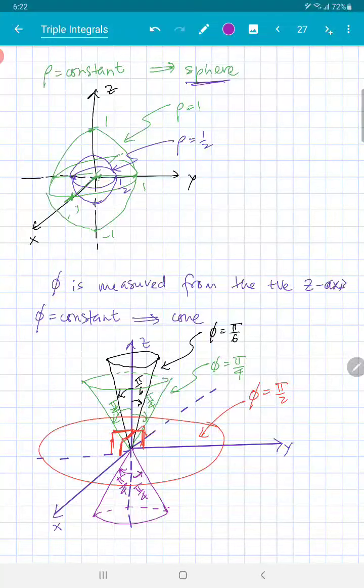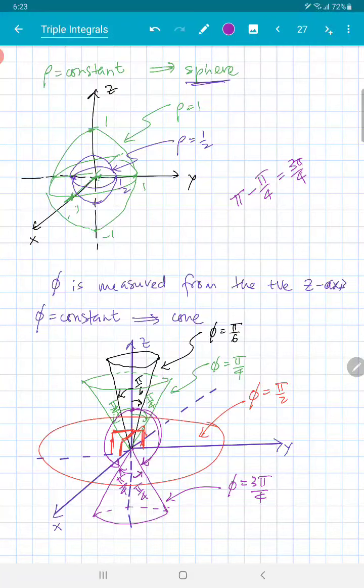But you measure phi from the positive z-axis. So from the positive z-axis to this cone, that is really pi minus pi over 4, which is 3 pi over 4. So this cone is phi equals 3 pi over 4.